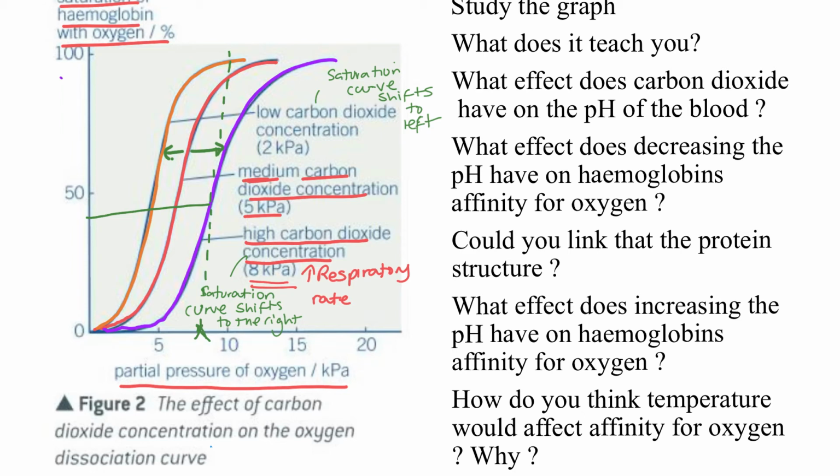The hemoglobin in the medium environment, let's say that's about 80% saturated. And the hemoglobin in the low carbon dioxide concentration is 90% saturated. So in the same environment, so in the same partial pressure of oxygen, they have different levels of saturation.